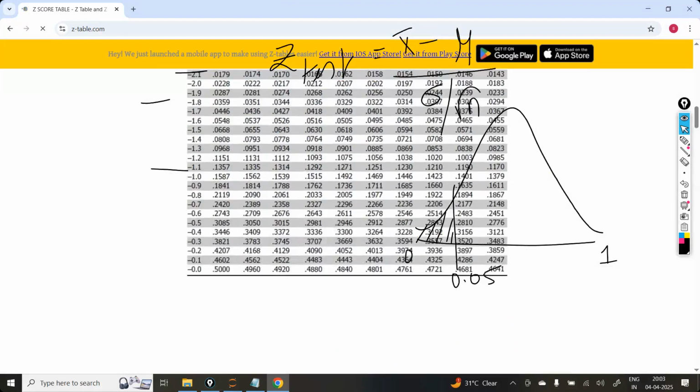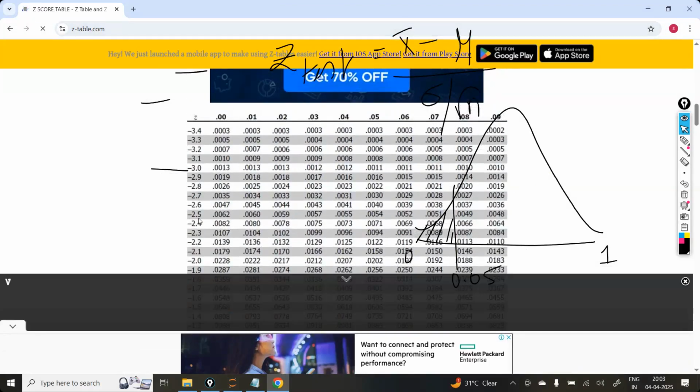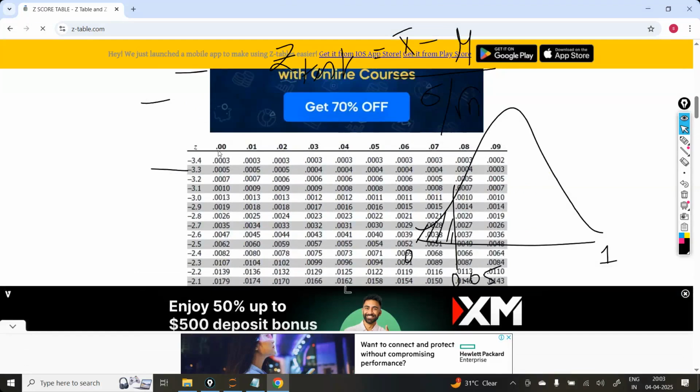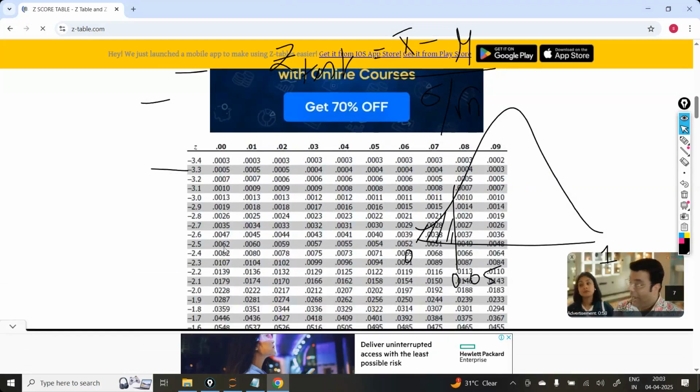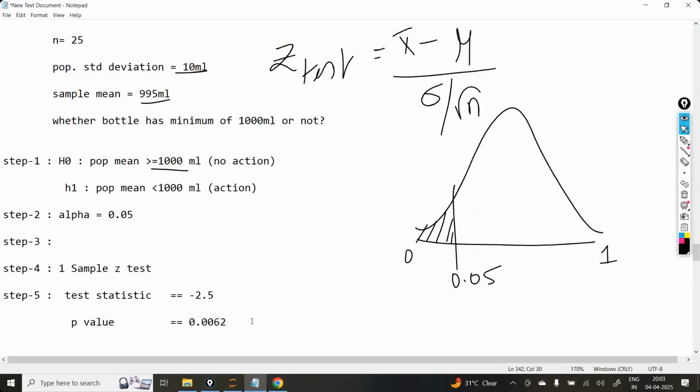Where is minus 2.5? Here. Minus 2.5, second digit is 0. Obviously it is 0.0062. Whatever the student has told is the correct answer. Now, tell me whether it comes under the acceptance area or rejection area. It comes under the rejection area.